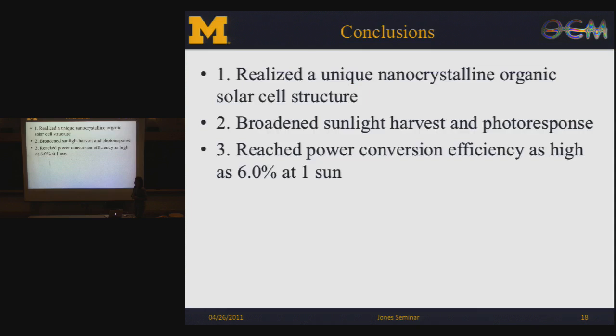We are still working on the blending cell. We are still working on new material synthesis to further improve our device performance, and we want to reach efficiency as high as 10%. Then we will go to the next stage to commercialize our solar cells.